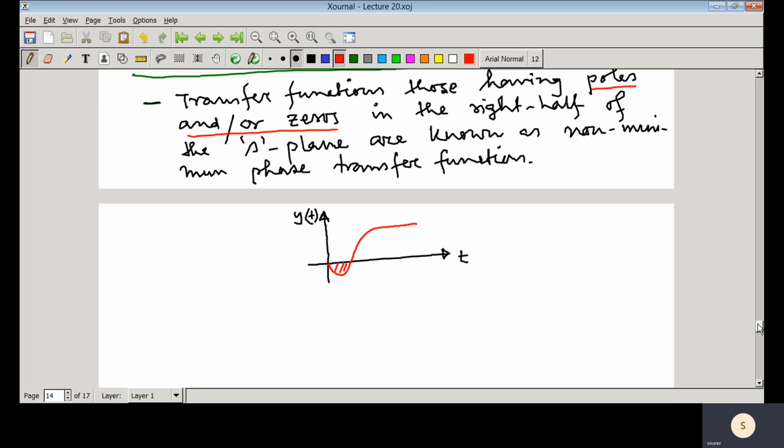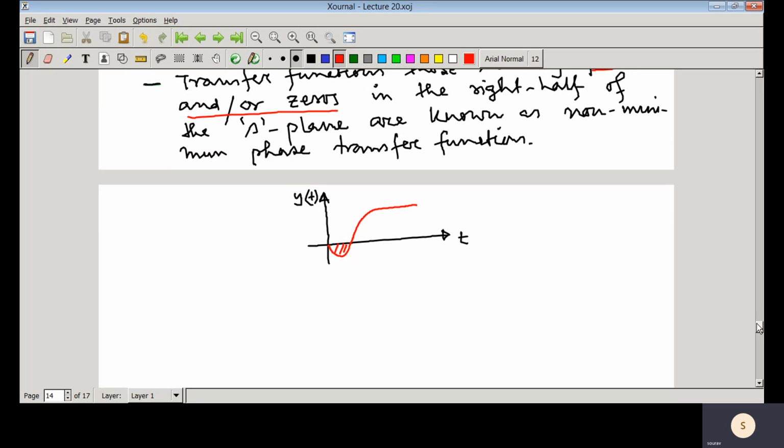So that means it actually imposes a lot of constraints in the design. Those things will be discussed in the second part of this course: if there is a non-minimum phase zero, what type of problem you would face in designing a controller. So now we'll just see why it is called non-minimum phase system.